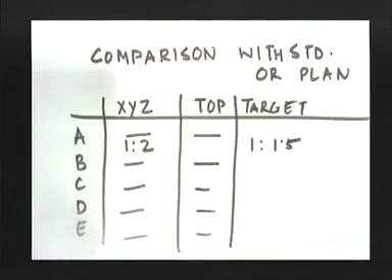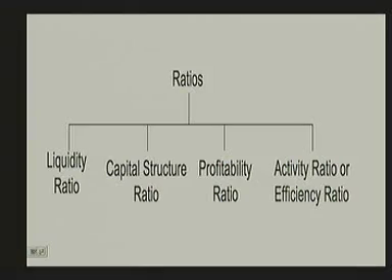Now, we will see what kind of ratios are commonly used. There are n number of ratios. We will not get time to cover each one of them in detail, but I will just try to summarize and give you brief ideas of some of the very commonly used ratios as far as the construction industry is concerned. So, if you have a look at the different ratios, they are classified under four main categories.